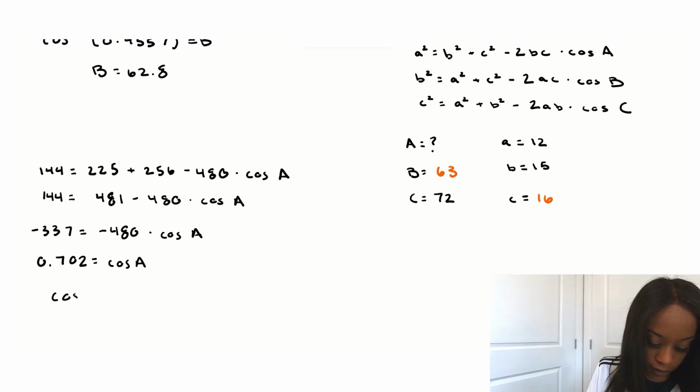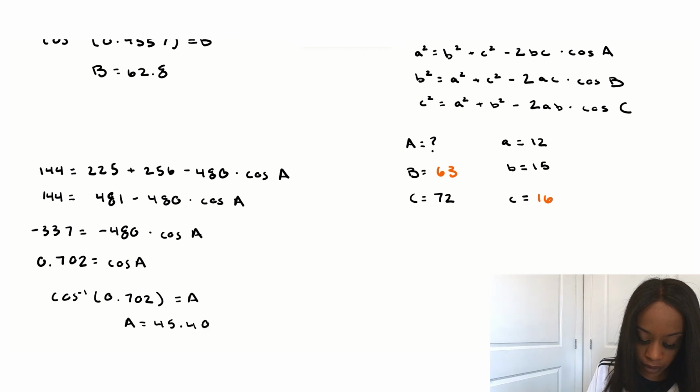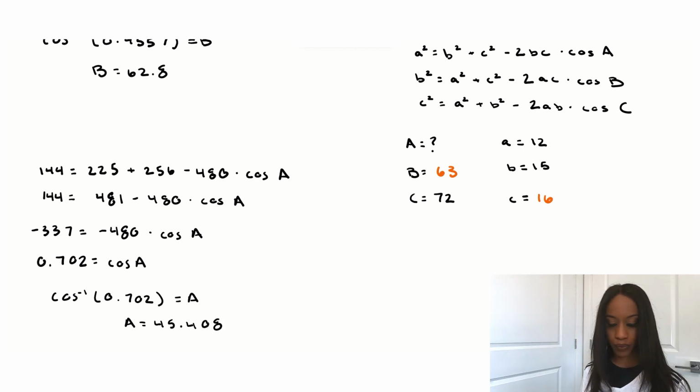Lastly, we'll take the inverse of cosine of 0.702, which gives us a final answer of 45.408 for our angle A. Of course, we'll round this to give us a final answer of 45.